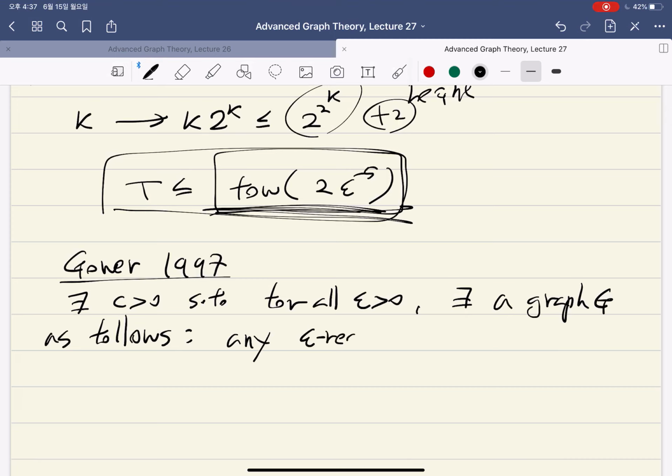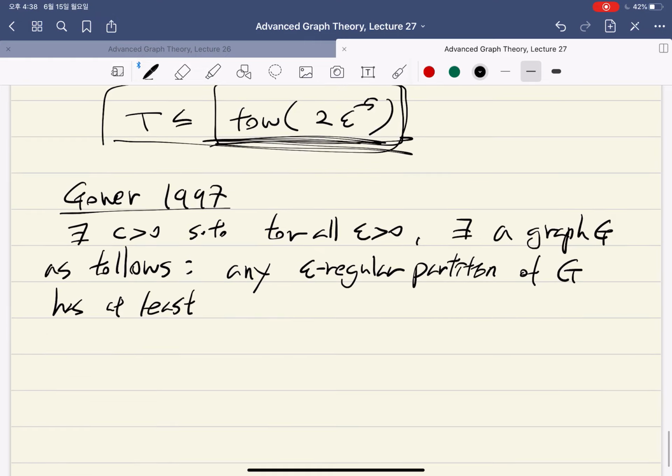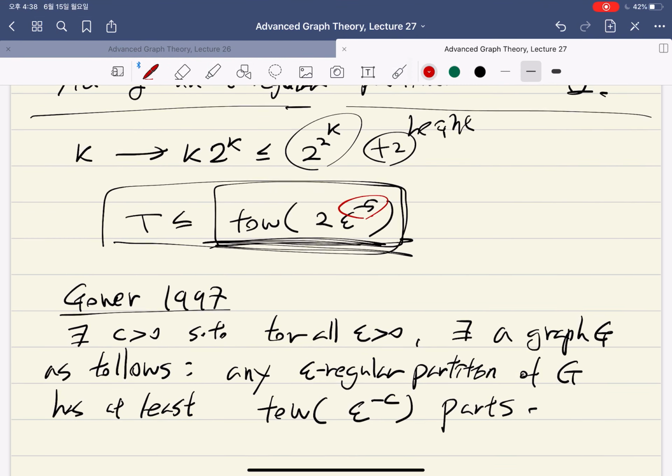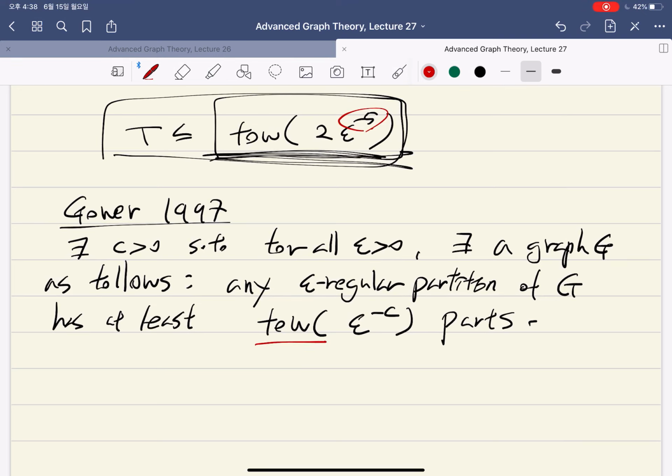Any epsilon regular partition of G has at least a tower of epsilon to the negative C many parts. So with a better proof, this minus 5 could be improved, but it's still a tower of a polynomial depending on epsilon, which is still a huge number. So this shows that this number of parts cannot really be improved too much.